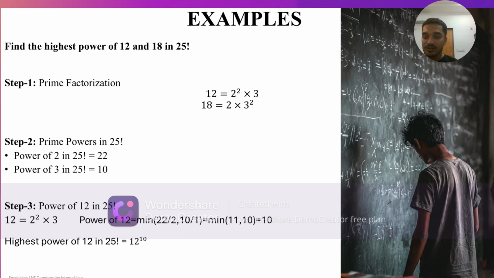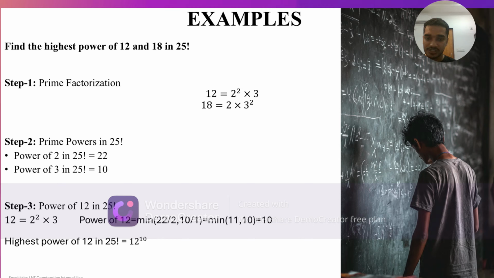So 12 is equal to 2 square into 3. The power of 12 is the minimum of 22 divided by 2 and 10 divided by 1. Why 22 divided by 2? Because the power of 2 in 25 factorial is 22, and if the power is given when we convert into prime factors, just like 2 to the power 2 into 3, the power is divided. 22 is the power of 2 in 25 factorial and 2 to the power 2 has power 2.